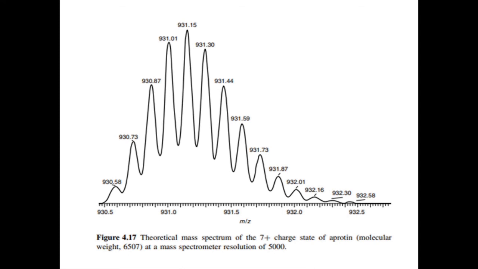Figure 4.17: theoretical mass spectrum of the 7+ charge state of a protein, mass spectrometer resolution 5000. High resolution mass spectrometers have been used to obtain electrospray spectra and have the added advantage that they allow the direct determination of the charge state of the ions being observed.